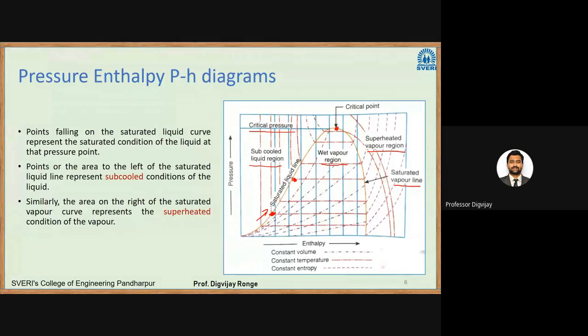Points or area to the left of the saturated liquid line represent subcooled conditions of the liquid, so the area to the left is the subcooled liquid region. Similarly, the area on the right of the saturated vapor curve represents the superheated condition of the vapor.